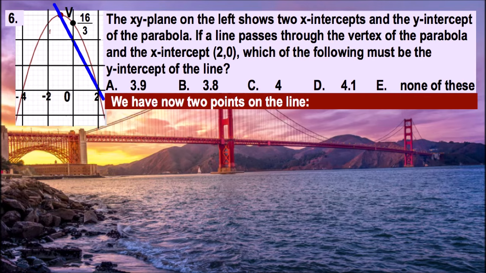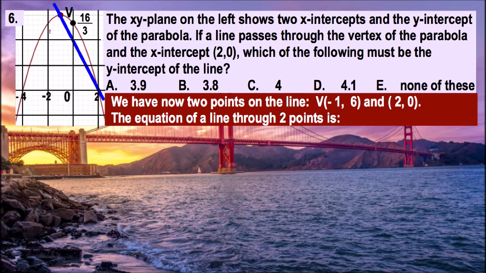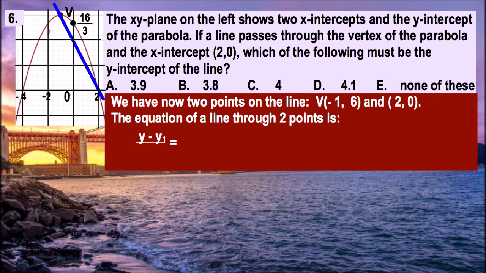We have now 2 points on the line. The vertex, the point of coordinates negative 1, 6, and the point of coordinates 2, 0. The equation of a line through 2 points is y minus y1 over x minus x1 equals y2 minus y1 over x2 minus x1.